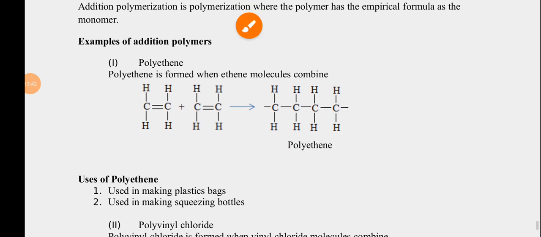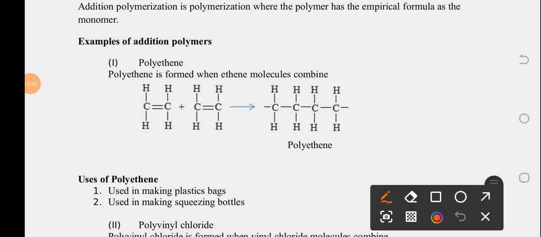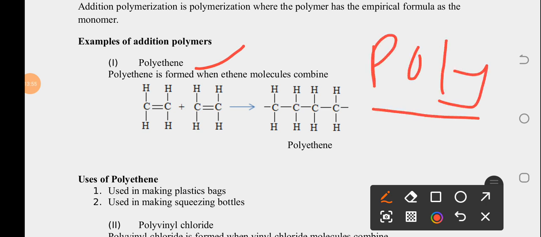So here's an example. I want you to understand something. Here we have polyethylene, then we have ethene. As you can see, this name has got two things.